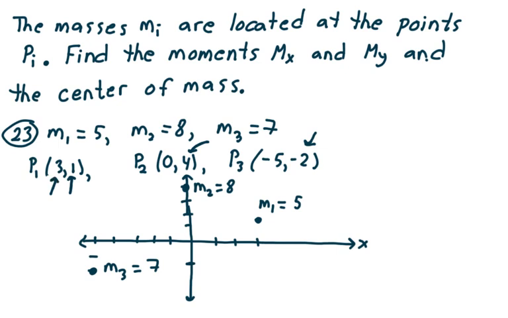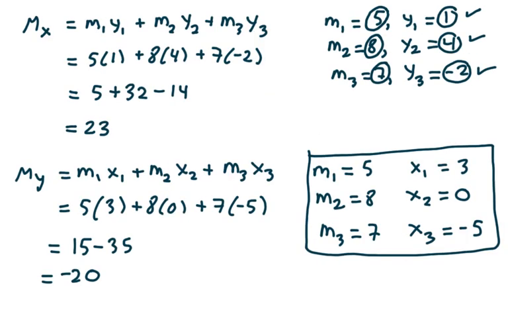So x1 is 3, x2 is 0, and x3 is -5. And that's all I did. And now I start to put it together. So m sub y is 5 times 3 plus 8 times 0 plus 7 times -5. So this is 15 minus 35, which is -20.